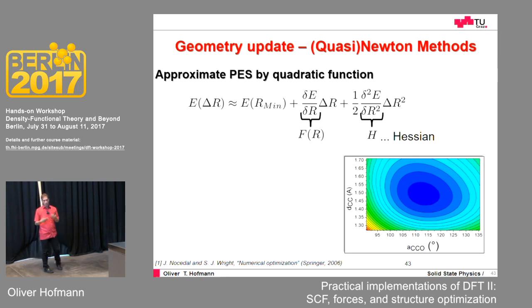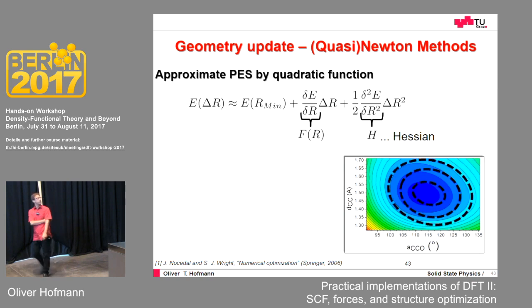The second, what I want to discuss in a little bit more detail, if I'm still given the time, is that what we actually try to do is we approximate the potential energy surface by some kind of quadratic function. That is, we imply a model Hessian. So we say that the total energy is given by the energy at the minimum distance plus the first derivative times the displacement, and then we have the second derivative times the square of the displacement.